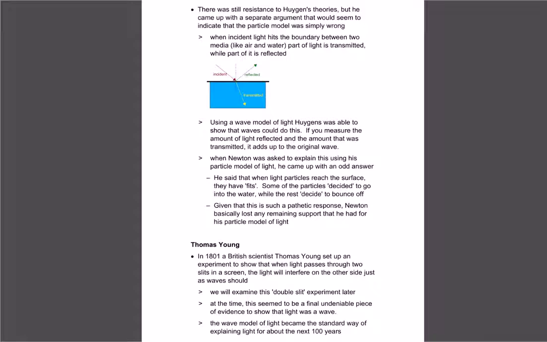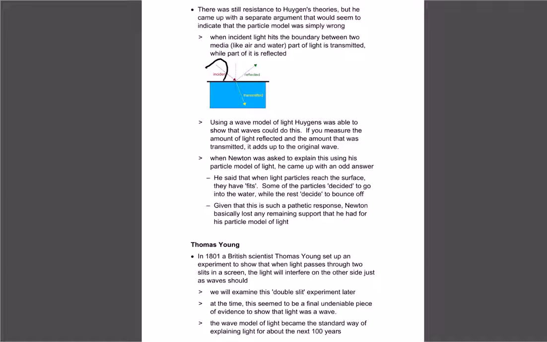So there were still some people saying Huygens wasn't right, and part of it was, well, how does it work when light hits water? We get glare, reflection off the water, but some of the light actually passes through. So what Huygens did, he said, well, it has to be a wave, and he measured this in an experiment.